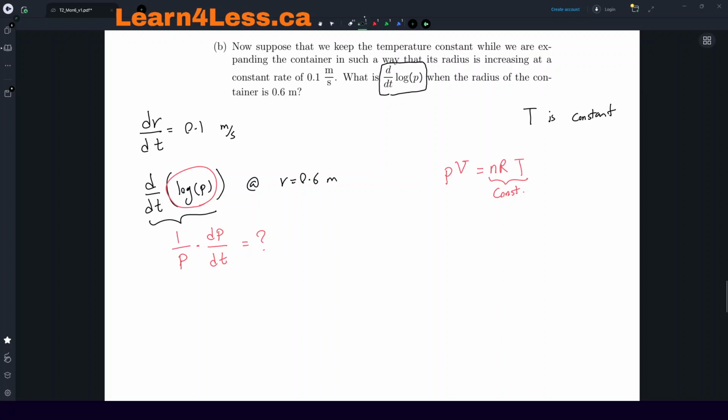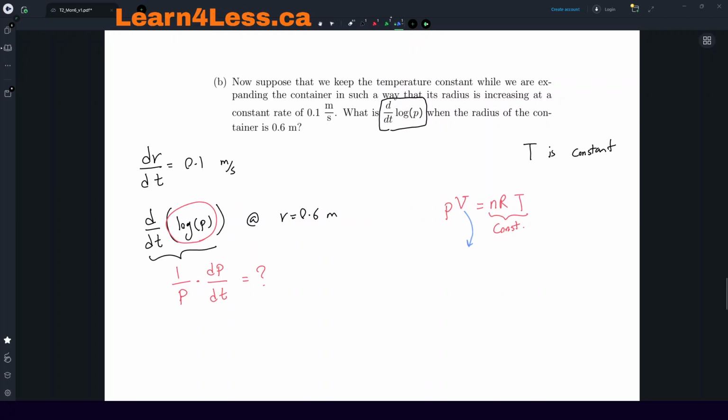Again, I develop a new equation in which I have radius and pressure. Here, this is one very good starting point: substituting V with its equation, which basically is 4 over 3 pi r cubed.